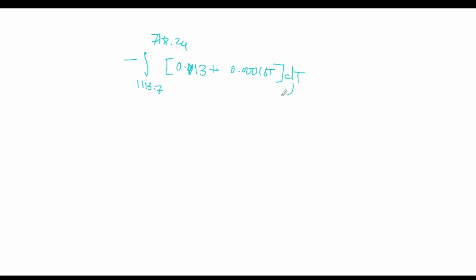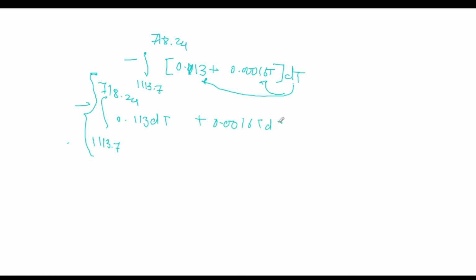So first we multiply this dT to both terms, and we can write this integration as minus of the integration from 1113.7 to 718.24 of 0.113 dT, plus 0.00016 T into dT from 1113.7 to 718.24.